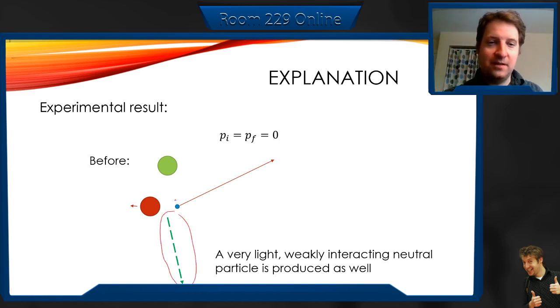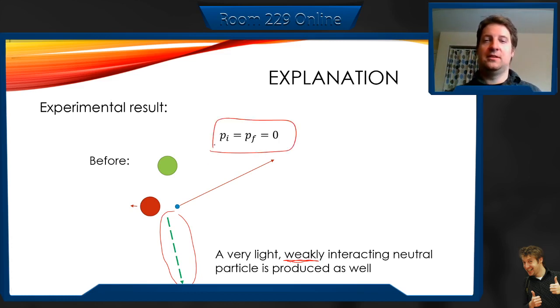This has to be this invisible dude who is very light and weakly interacting. So it doesn't interact with charge. It doesn't interact gravitationally, we don't think, and it has to be produced there. Okay, so this is to satisfy this equation. Right? If that was broken, then there's something fundamentally wrong with our understanding of physics. We want to keep that going, so we have to have this thing.